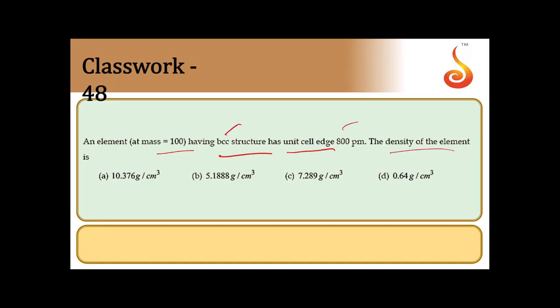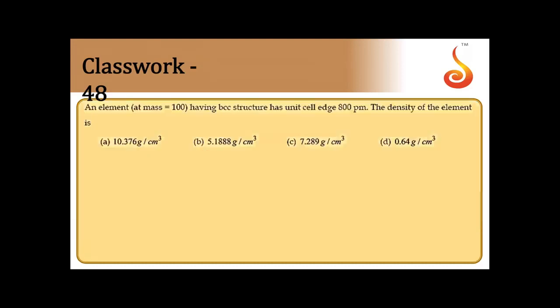The formula used for density is M into Z by a cube into Na, where M is the atomic mass and Z is the number of atoms per unit cell. BCC will have 2 atoms, by a cube, that is edge length 800.